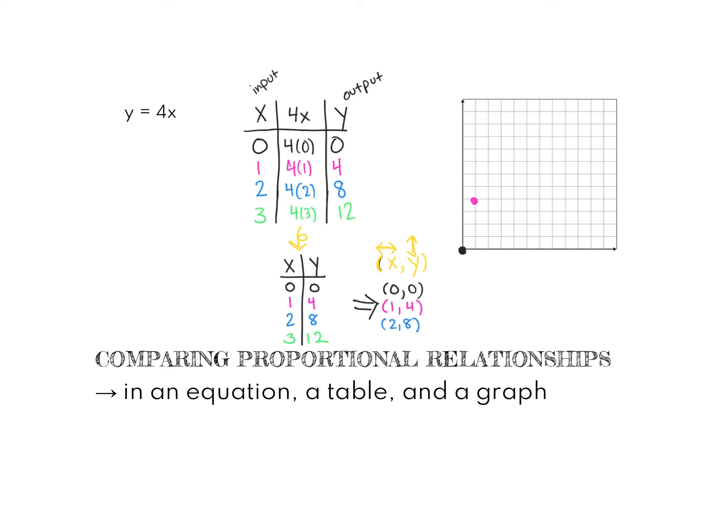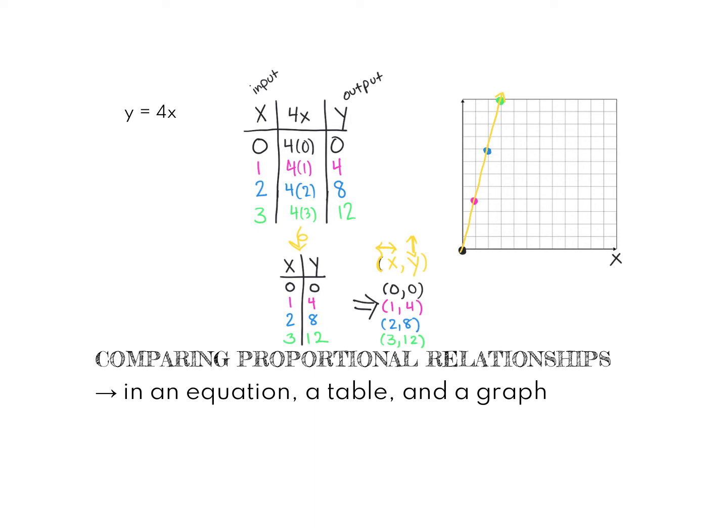When I plot that one, again, I'm going to go to the right 2 because it's positive, and I'm going to go up 8 because it's positive. And I'm going to end up right there. And then last but not least, the coordinate 3, 12 is going to be right here on my graph. From here, I would draw a straight line with a ruler, preferably, to show that line right there.